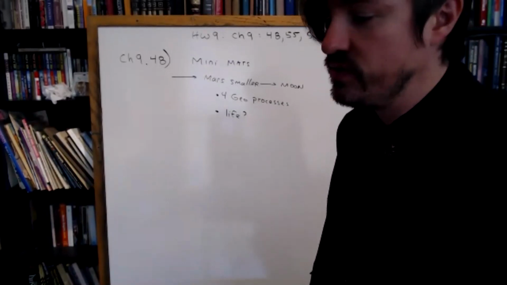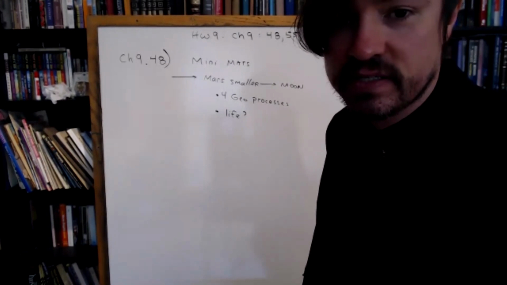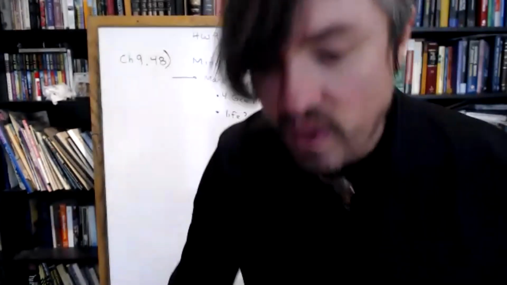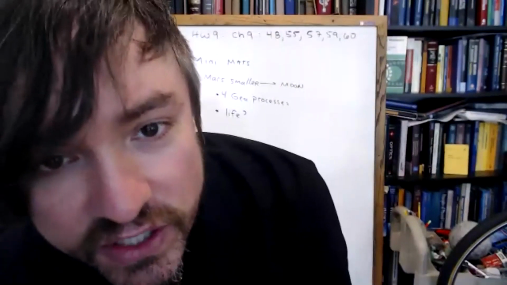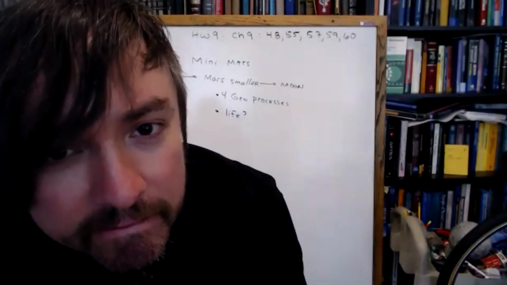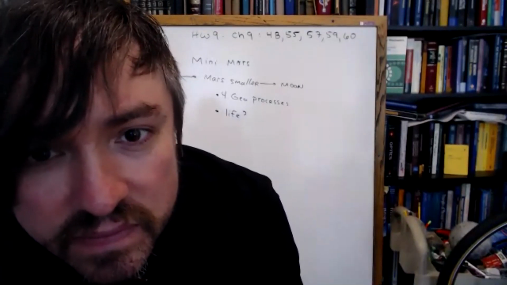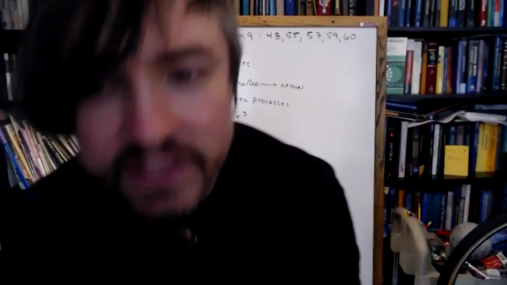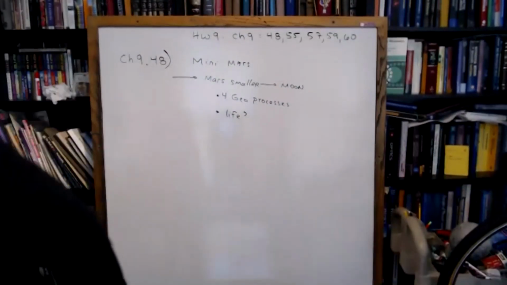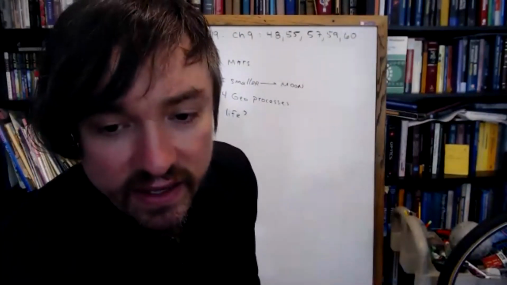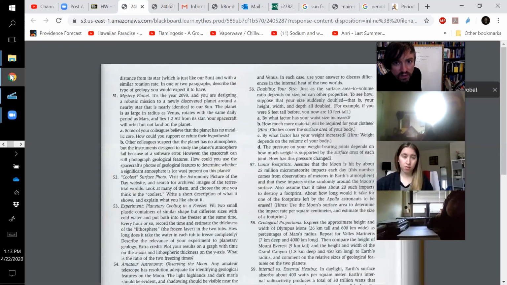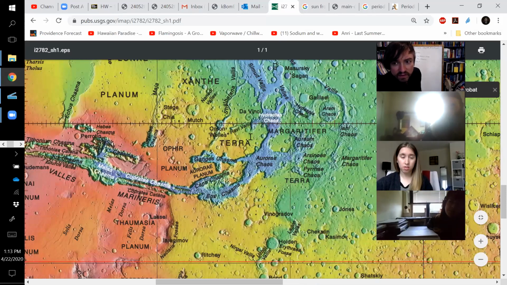What do you think would happen to, let's leave impact cratering to the side for a second. You guys talk to me. Which of the 4 geological processes would be affected? If Mars was smaller, would there be any difference to the number of volcanoes you see on its surface? Basically, the question's asking, would Mars still look like this?